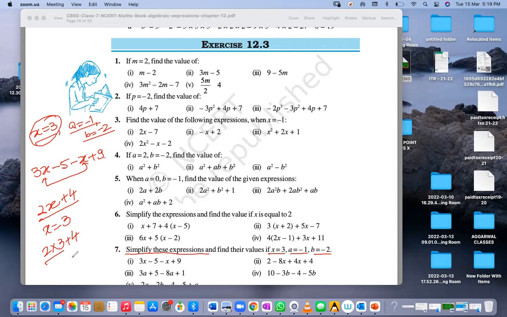And what will be the answer? 2 threes are 6 plus 4, and that is 10. Clear? Yes, sir.